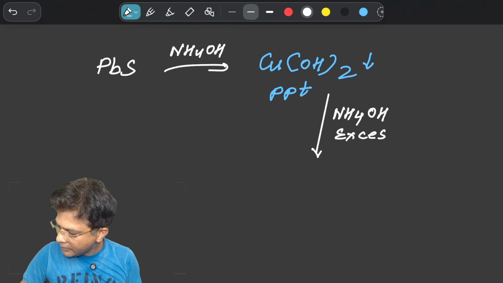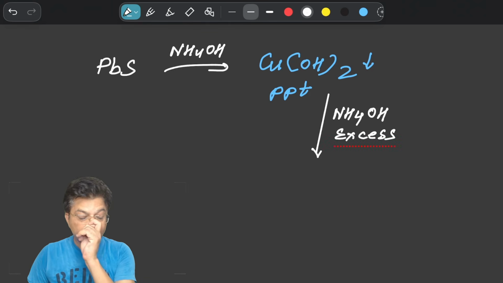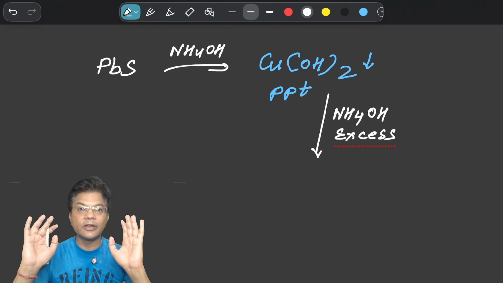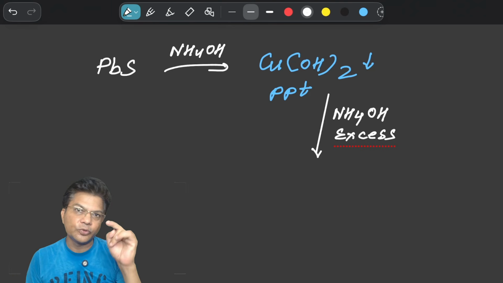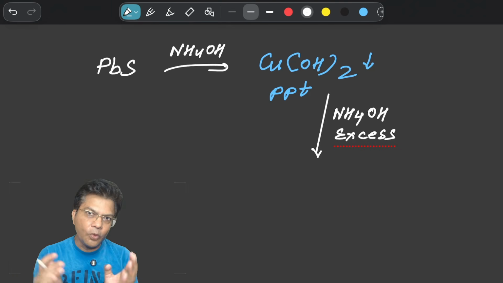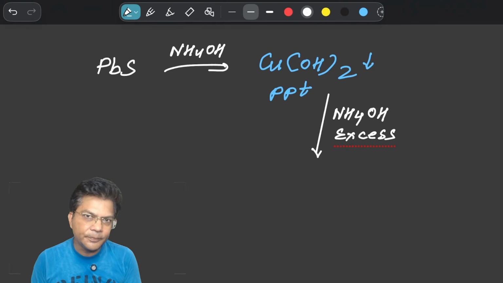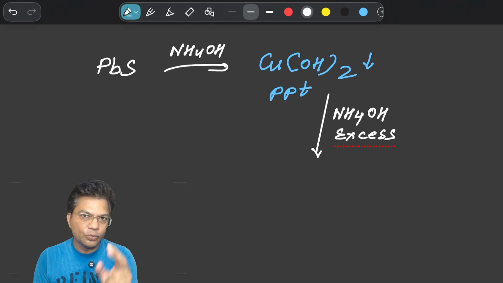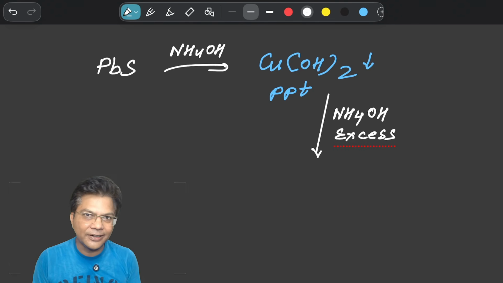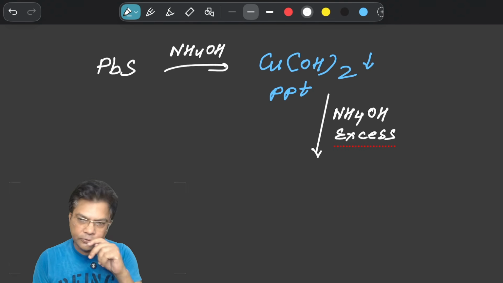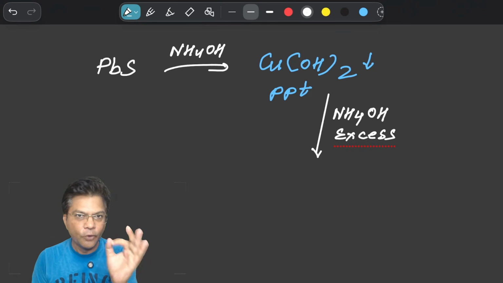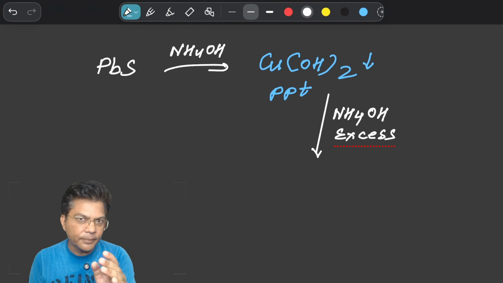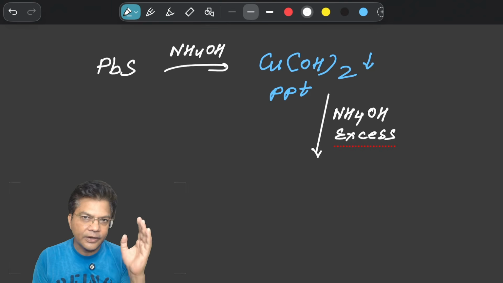In this world, there are only 4 radicals whose hydroxides are soluble in excess of ammonium hydroxide. Once again, all hydroxides are PPT except ammonium, sodium, potassium, rubidium and cesium. If metal hydroxides are precipitated and you add NaOH, they will not be soluble. Only 4 hydroxides are soluble in excess of sodium hydroxide, I will let you know that whenever it is required.